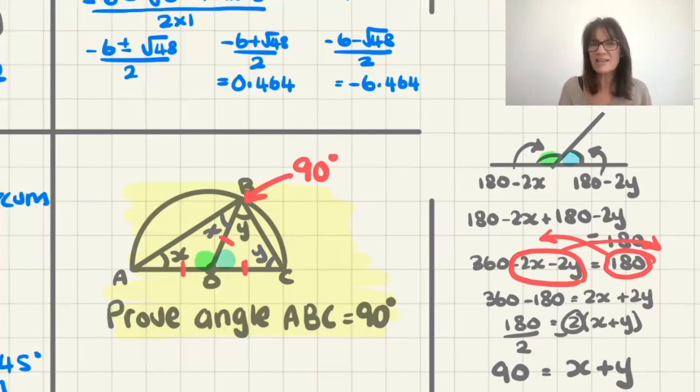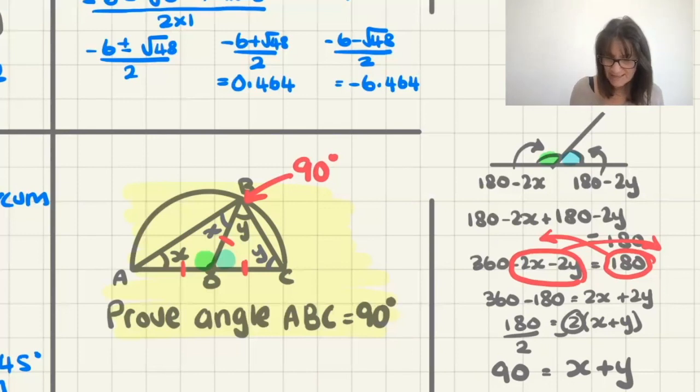This type of thing's taking it right up to grade 8 straight away. So like I say, if you're getting some of this, you are doing really, really well. If you're getting it, that's amazing and really well done. But don't let this put you off. Prove is always going to be a tricky question.